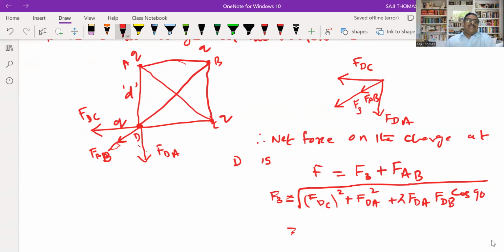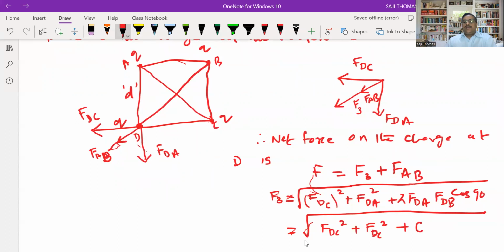FDC is the force between charges at A and C. Same charges, distance d only. Similarly, FDC and FDA, their magnitudes are the same, right? Because same charges are separated by the same distance. So we can write this as the square root of FDC square plus FDC square, and this term is 0.